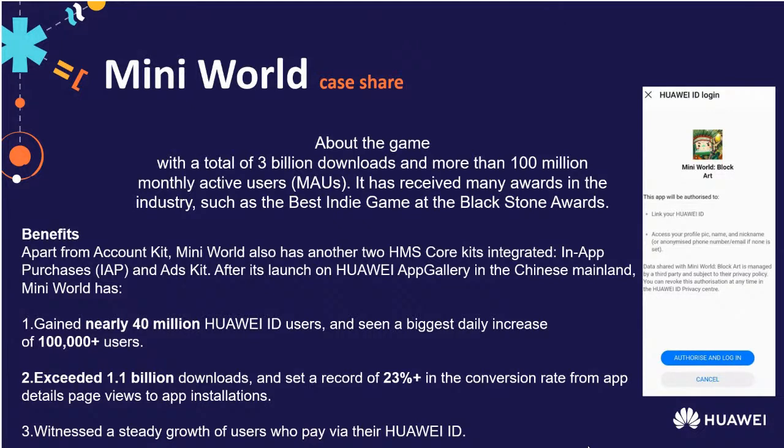After integrating the Account Kit, In-App Purchase and Ads Kit, and also uploading their application to the Huawei App Gallery, they gained nearly 40 million Huawei ID users and saw a biggest daily increase of more than 100,000 users.